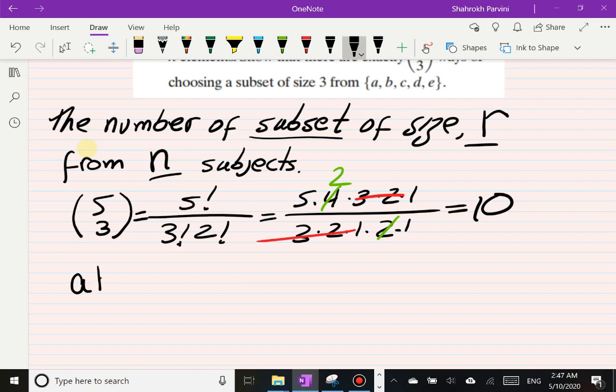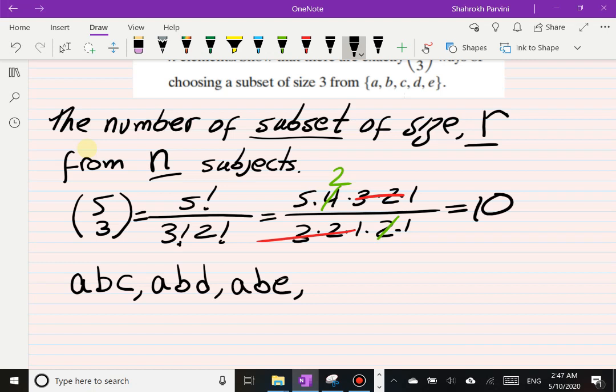A, B, C. That's one subset of size 3 from the first 5 letters of the alphabet. Then it's going to be A, B, D, A, B, E. Here's how I'm doing this. I'm looking at A, B, pairing them with C, D, and E. Next, I'm going to look at the next pairing.